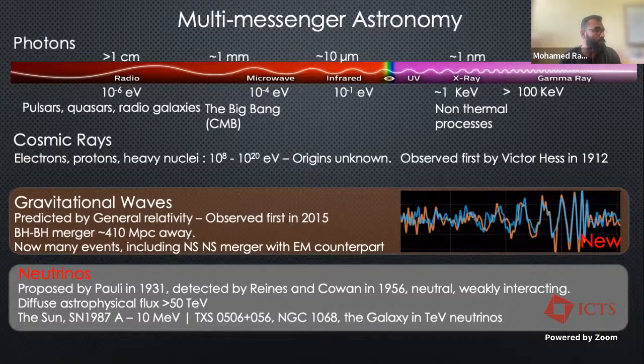That is, we know there are astrophysical neutrinos above 50 TeV coming from different directions in the sky. It is more or less compatible with the idea that it's isotropic. But we have been able to identify only a few candidate sources for these neutrinos so far. So neutrino astronomy, because it's literally the first decade, is very much in its infancy.